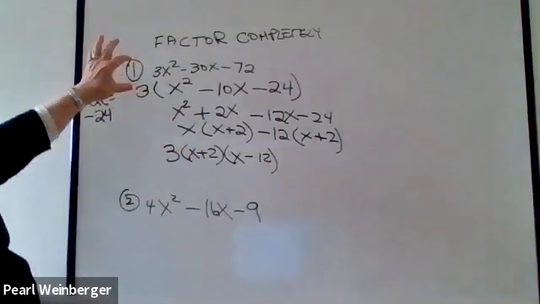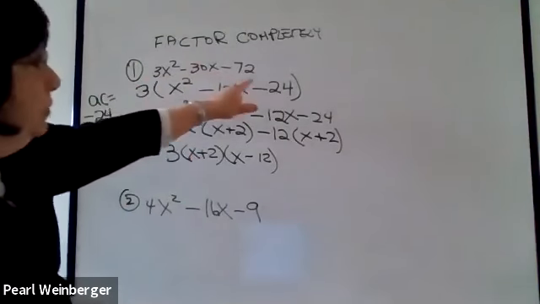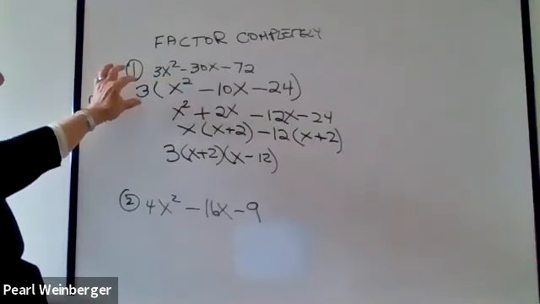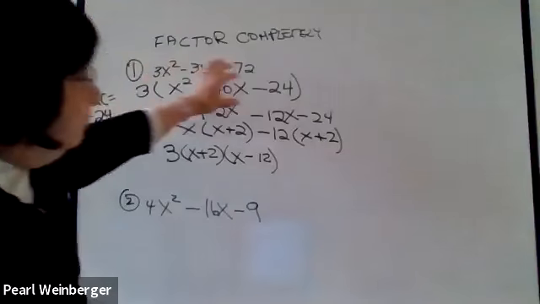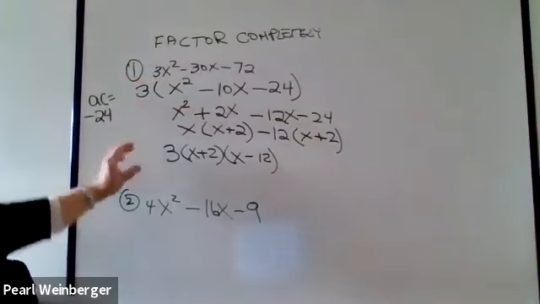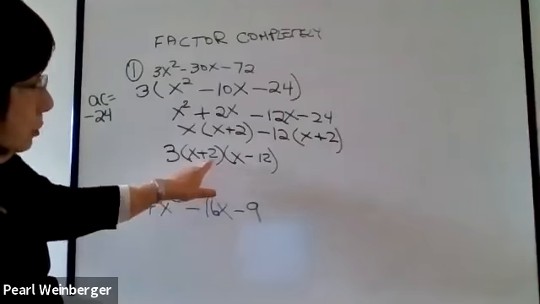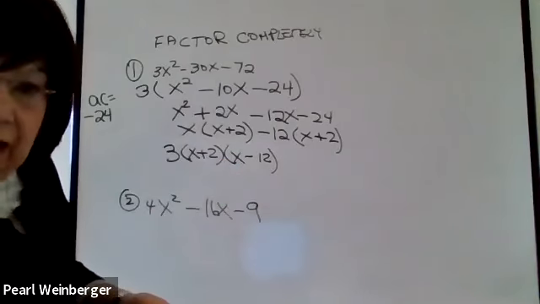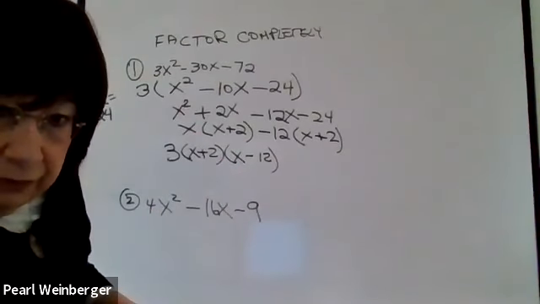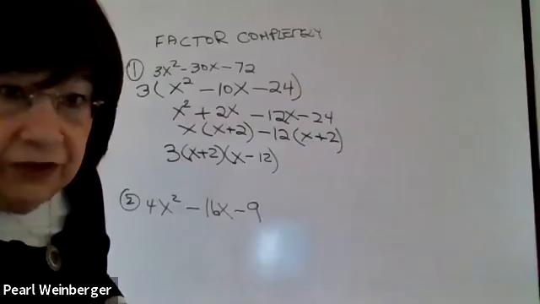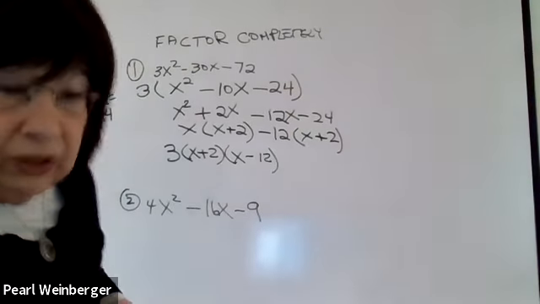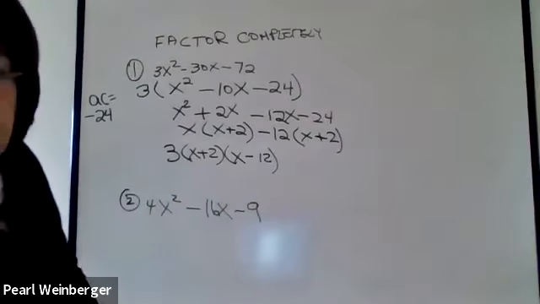But in this first case, that leading coefficient actually turned out to be a common factor of the whole expression. So we got as our final answer 3 times x plus 2 times x minus 12. I saw somebody on the chat, I think it was Devana, who got exactly that. That was perfect.